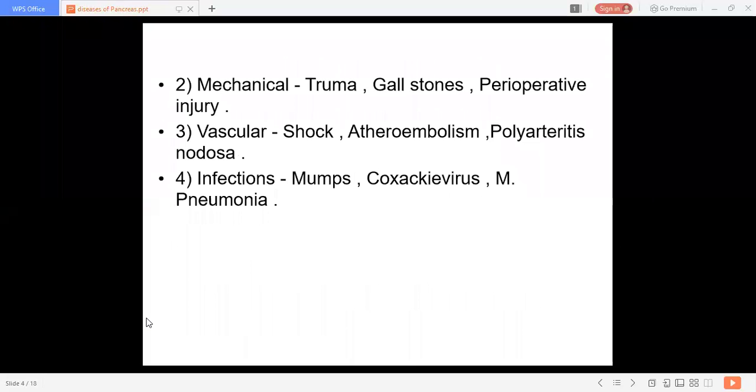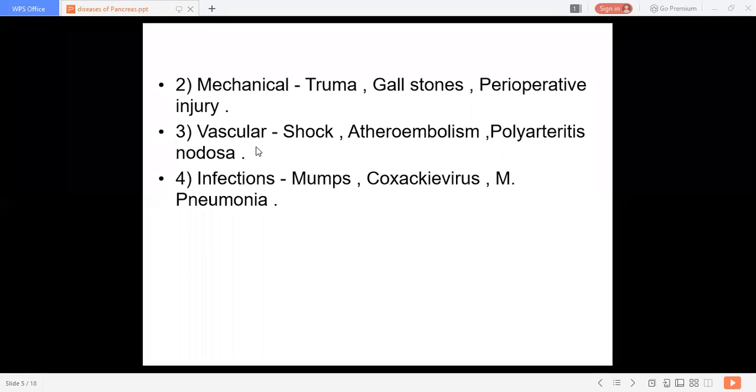The next group is mechanical causes, in which there is direct trauma to the pancreas, then obstruction due to gallstones or some tumors in the intestinal tract, and perioperative injury. During operation, if there is injury to the pancreas, it is included in the mechanical causes.